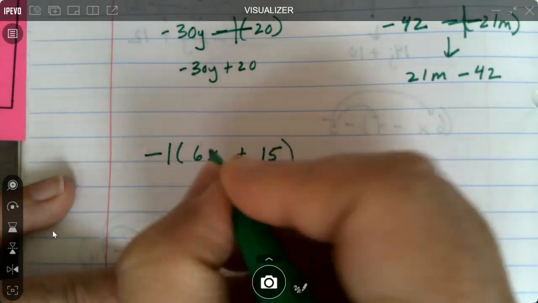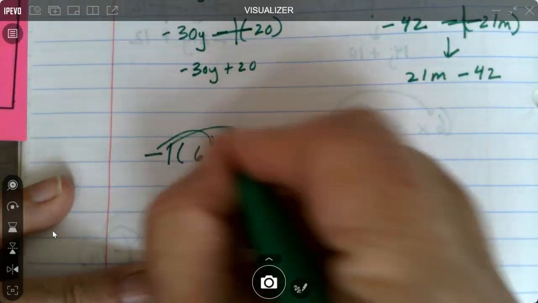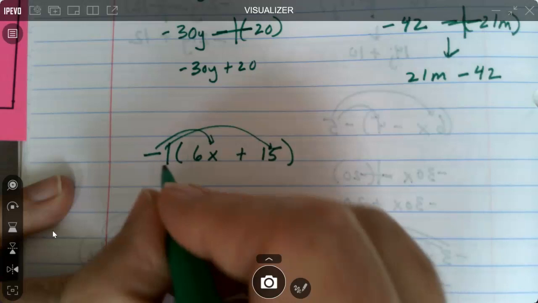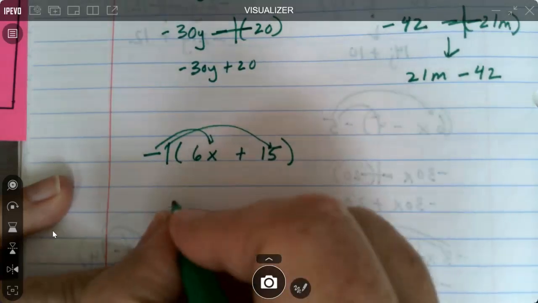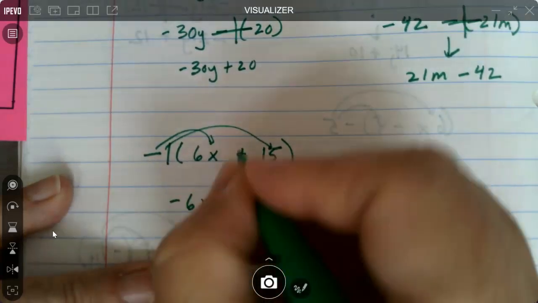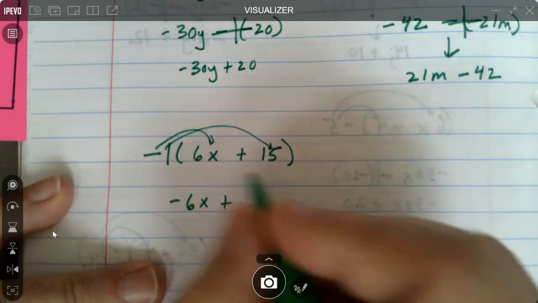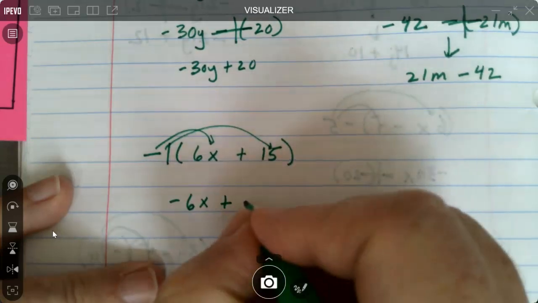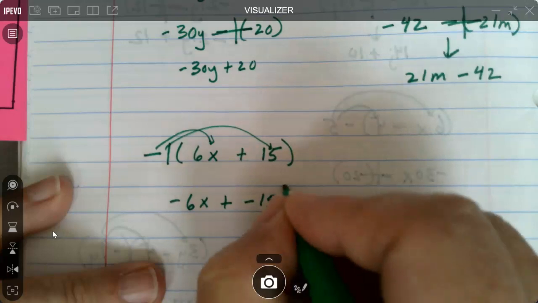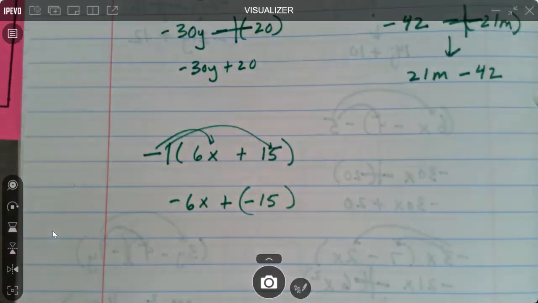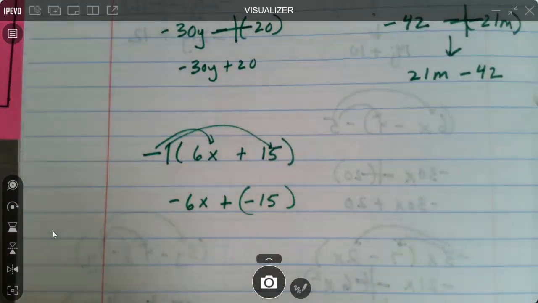Same thing as having a negative 1 here to do its magic. Negative 1 times 6x. Negative 6x, drop the plus, negative 1 and 15, negative 15. Okay, great job, thank you.